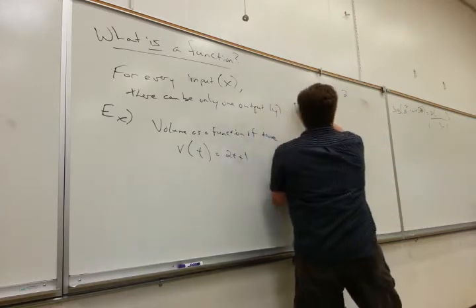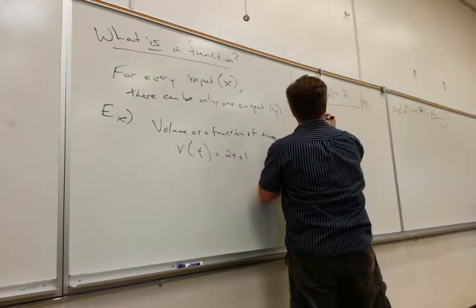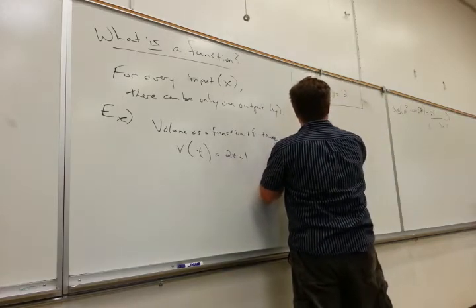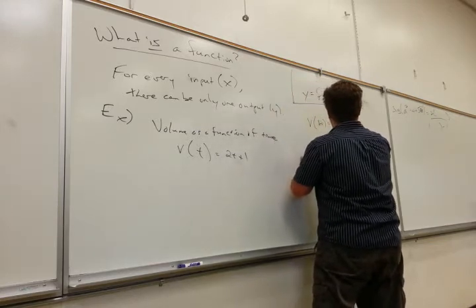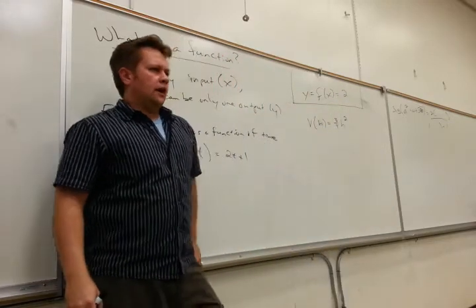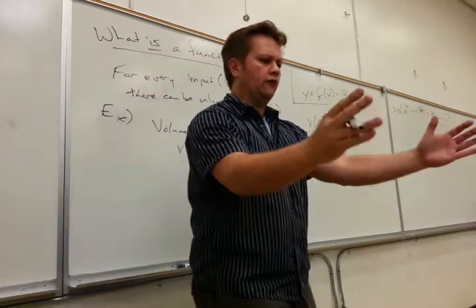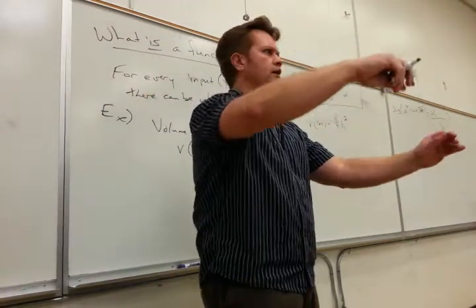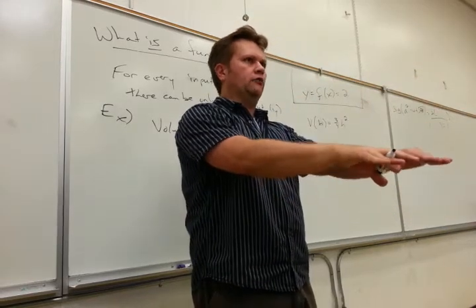All right. So let me give you something a little more detailed here, just to give you kind of an example. This could be something like I have some kind of a trough, and it's catching rain that's falling. And the volume of the trough as the height of the rain goes up.